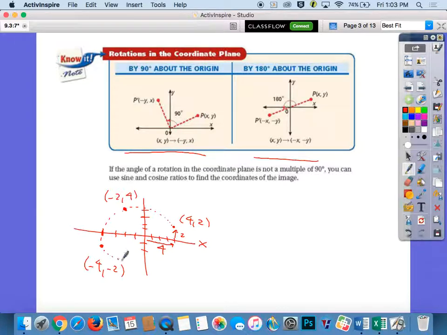And then if I wanted to take it to 270 degrees, I'm going to go 4 in and 2 to the right. So that's going to give me 2, negative 4. And again, if I wanted to take it back home to 360, I'm going to end up exactly where I started from. So the quadrant and the axis that you're stepping into is going to be your reference.